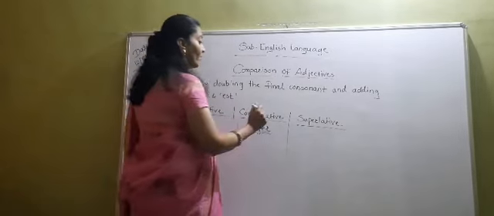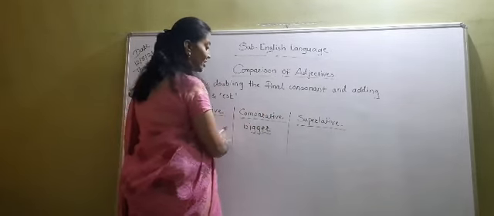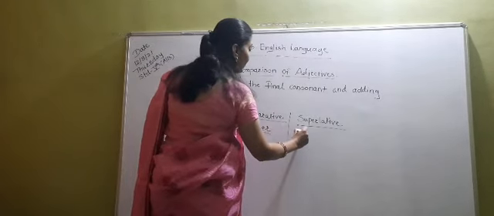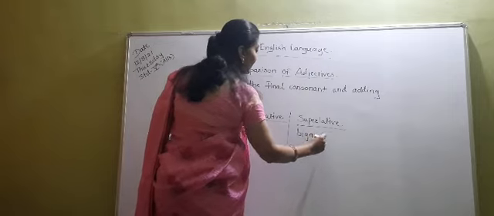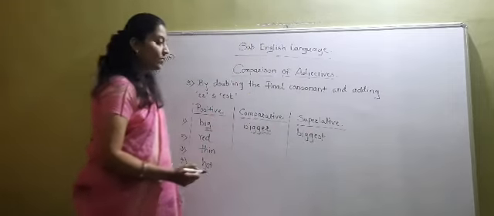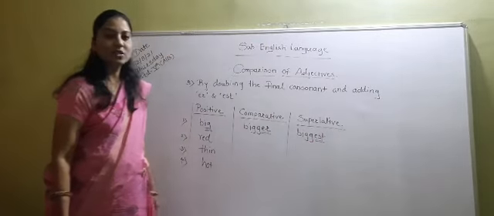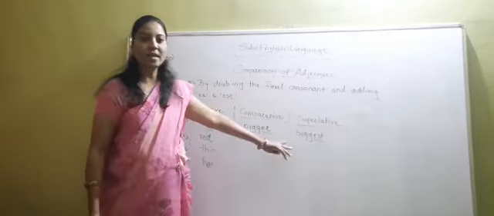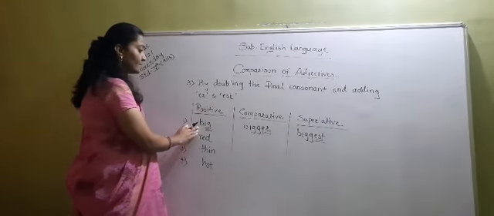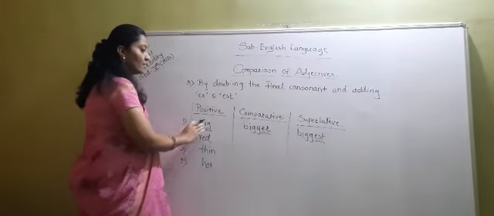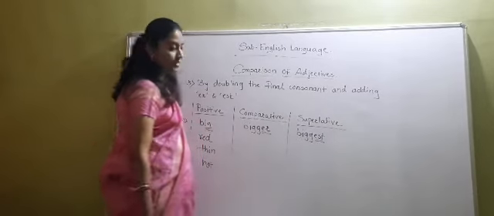And when we want to form the superlative degree of this adjective, we have to double this consonant and add EST to make it superlative. So our degrees will be like this: big, positive degree; bigger, comparative degree; biggest, superlative degree.